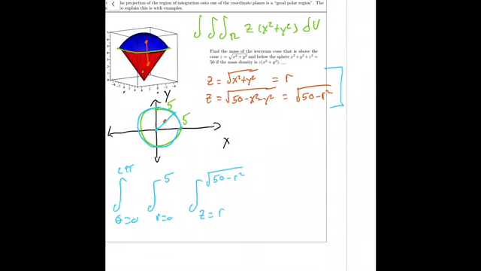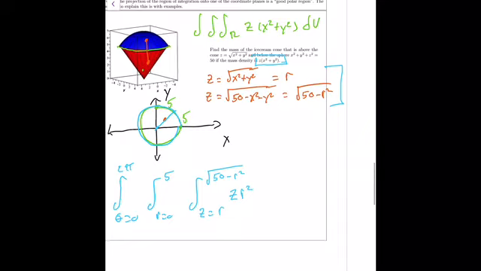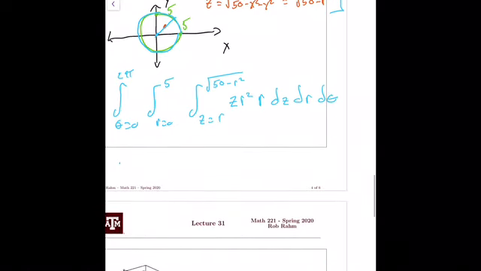The function that we're integrating is z times (x squared plus y squared), which is just z times r squared. Then we have to write dz, and normally in these parentheses we'd write dx dy, but we're doing polar coordinates, so it's r dr d theta. But really we want to put the r outside of the parentheses, so the standard way to do it is to write it like this: r dz dr d theta.